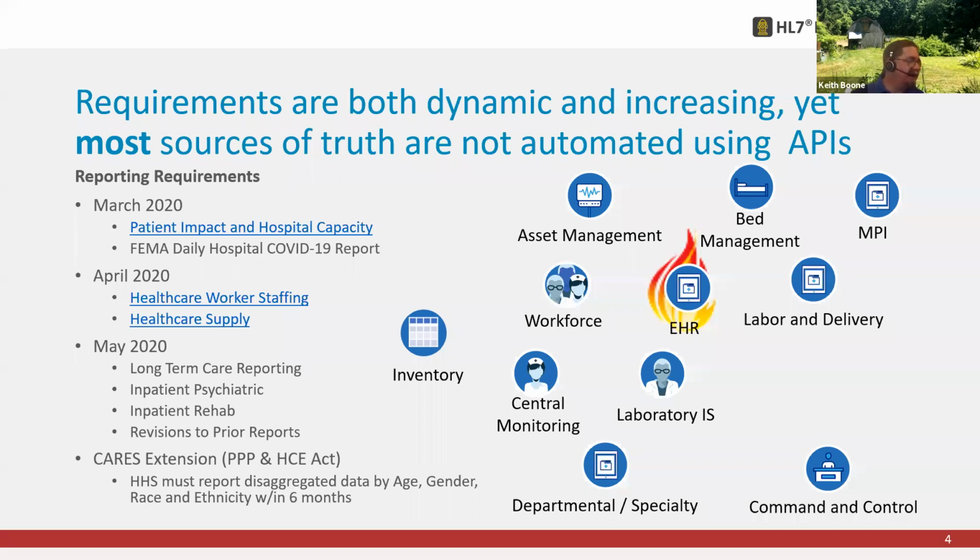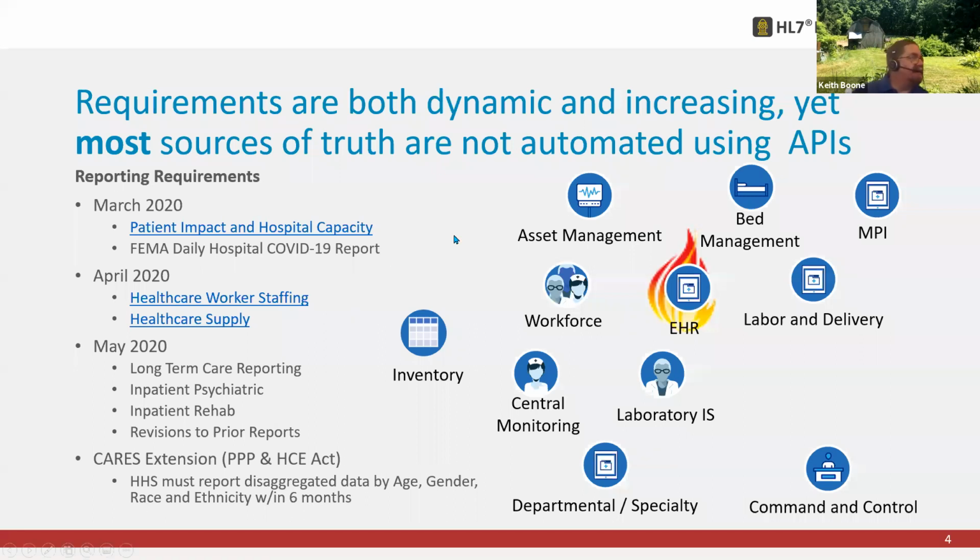And as soon as a patient's intubated and somebody turns that ventilator on, it's going to start sending telemetry to that central monitoring solution. So the sources of truth that are close to the actual data that's needed so that we are able to understand what's going on in the crisis are not necessarily the ones that have API enabled.